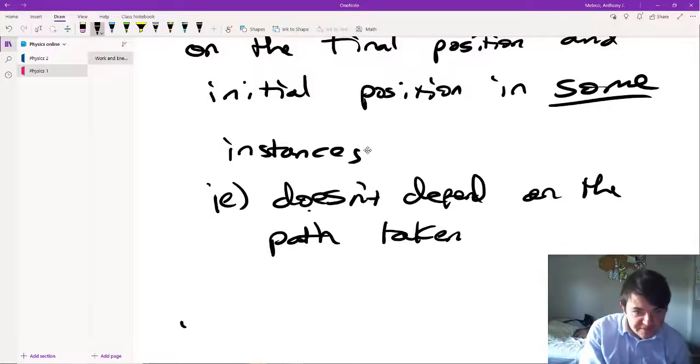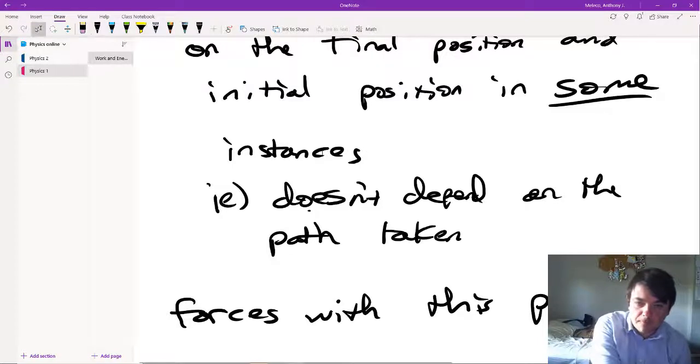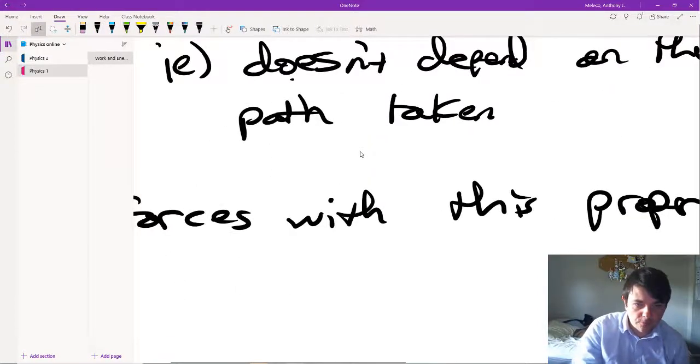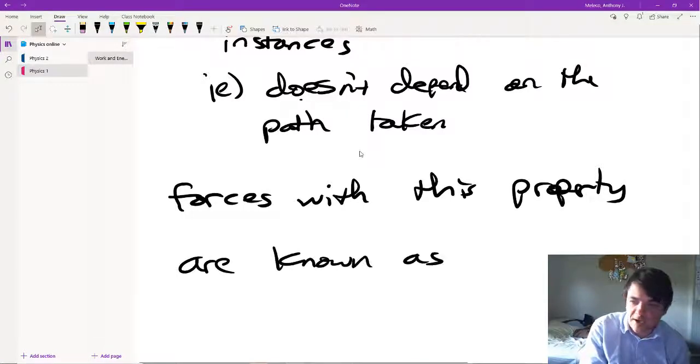So forces with this property are known as conservative forces.